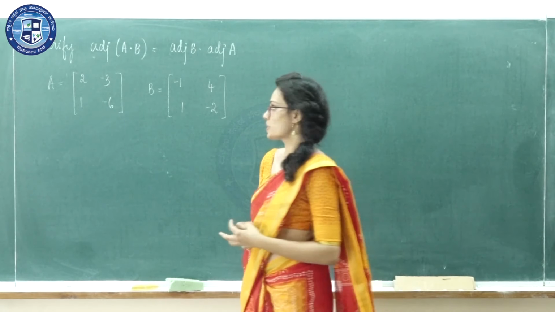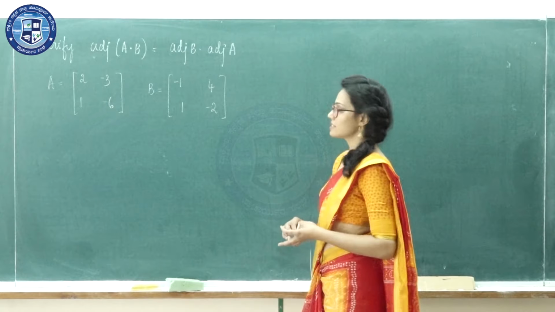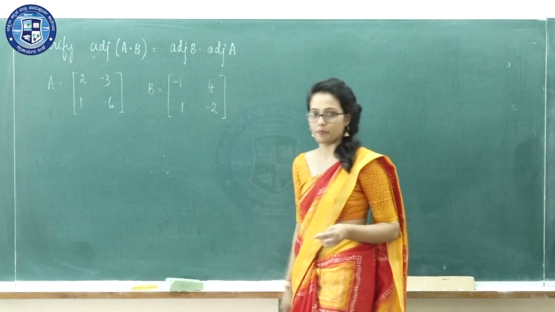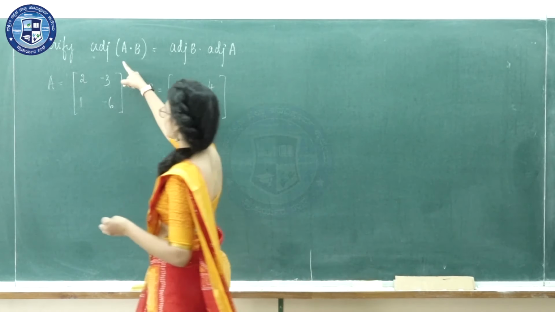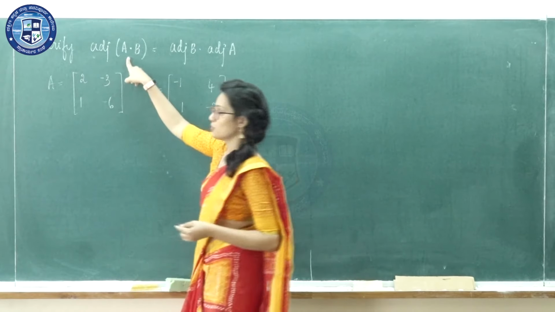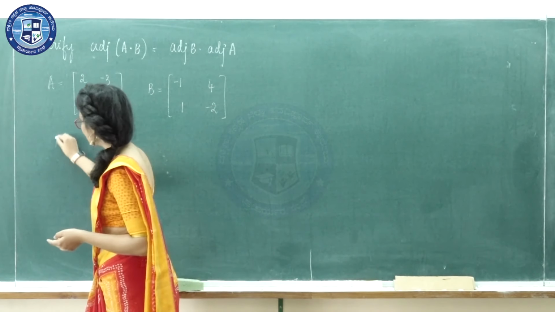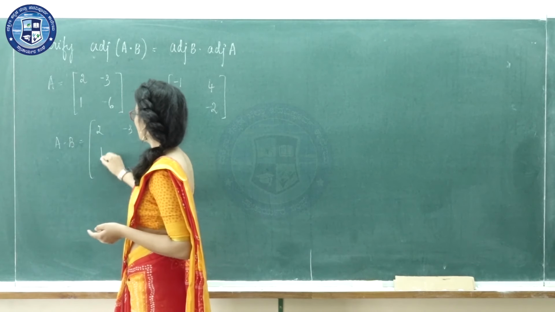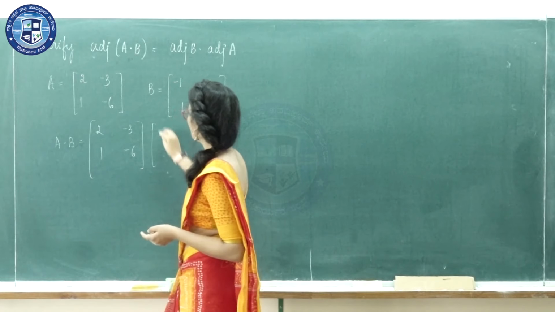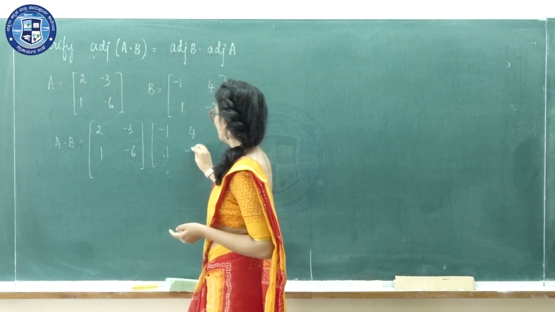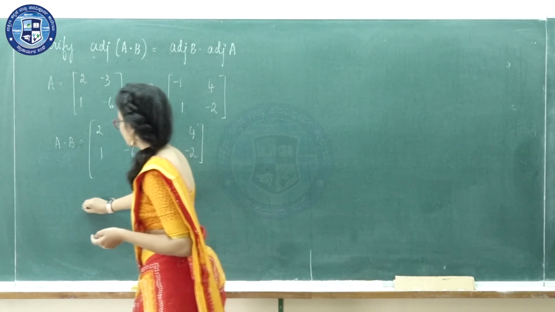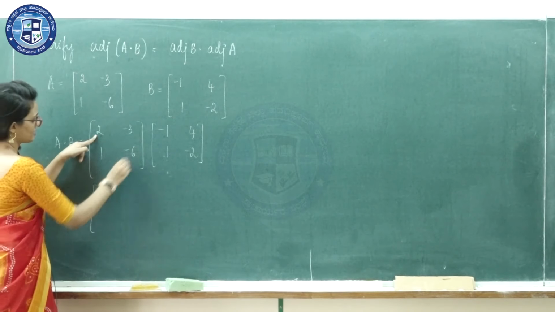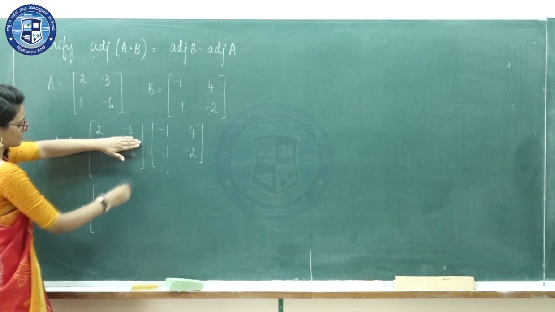Next question, let us verify that adjoint of A into B is equal to adjoint B into adjoint A, given the matrices A and B. Okay. So, let us first solve the left hand side. For the left hand side, we need A into B. So, first let us multiply A and B. So, we get 2 minus 3, 1 minus 6 into minus 1, 4, 1 minus 2, that is equal to 2 into minus 1 is minus 2, then minus 3.